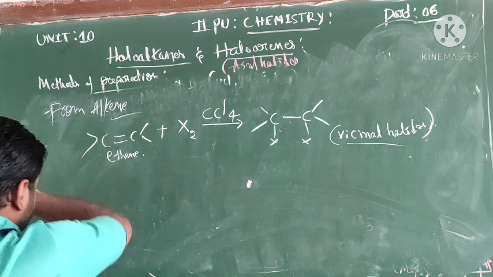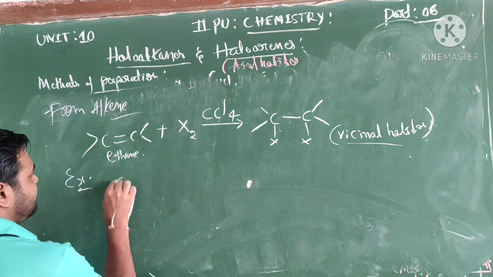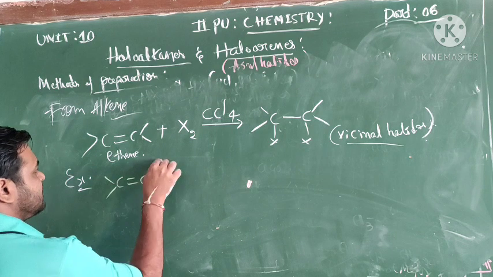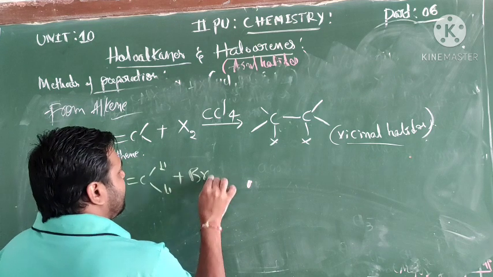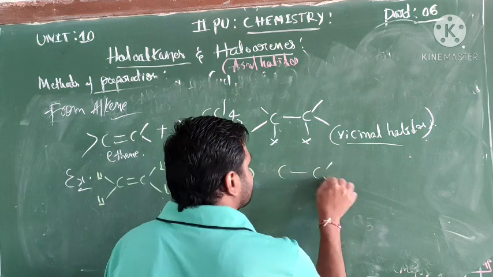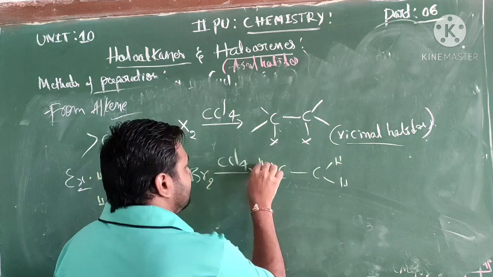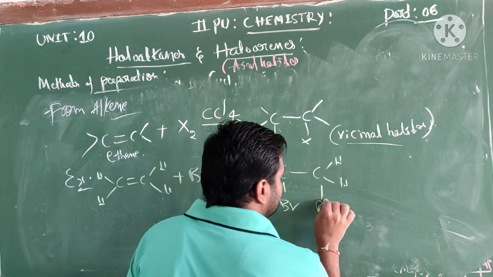So now take an example. Just concentrate. Ethene with bromine in CCl4 will give this, where X is Br and Br.